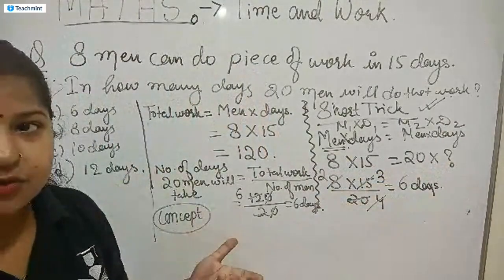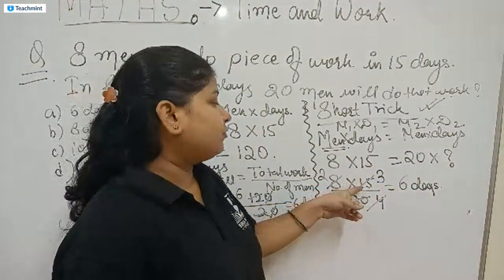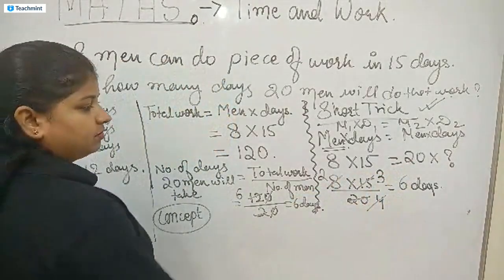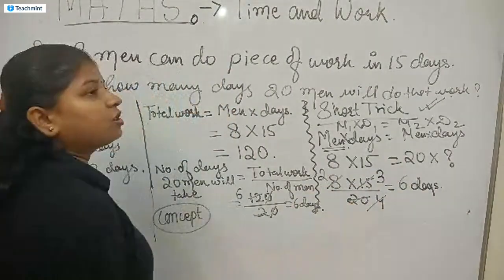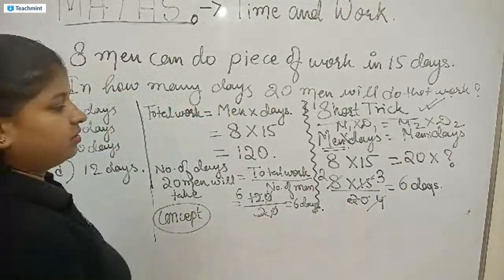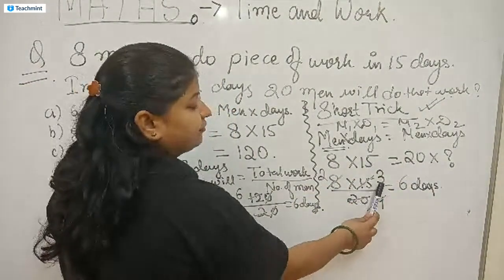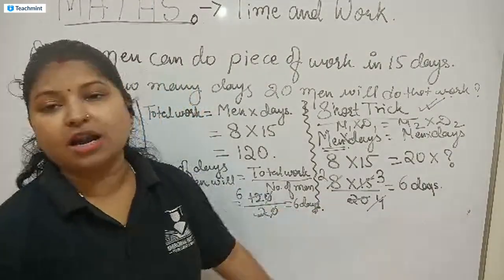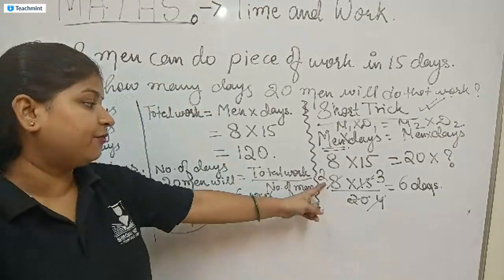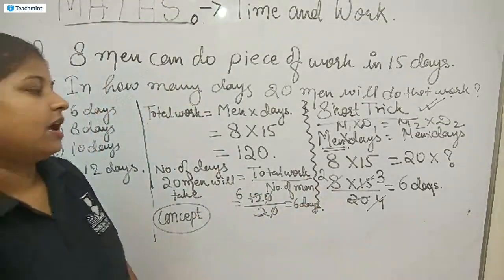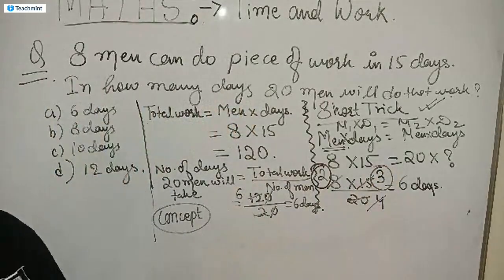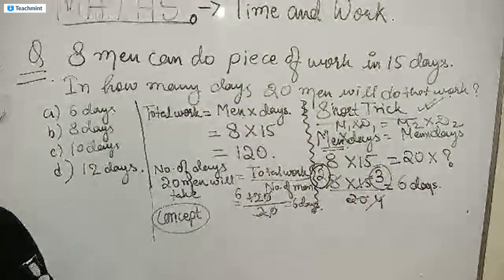I have to find it out. So 8 into 15 upon this 20, which comes to the denominator. 15 and 20 both are divisible by 5. So 15 divided by 5 is 3. 20 divided by 5 is 4. Now 8 and 4 are divisible. 4 1 is 4 and 4 2 is 8. I'm left with 2 and 3. So 2 3s are 6 days is my answer.